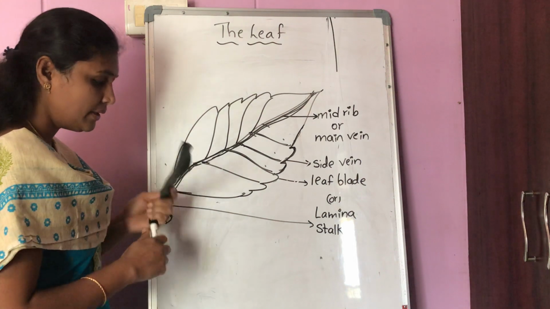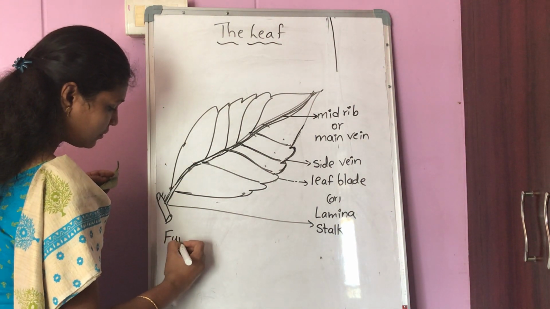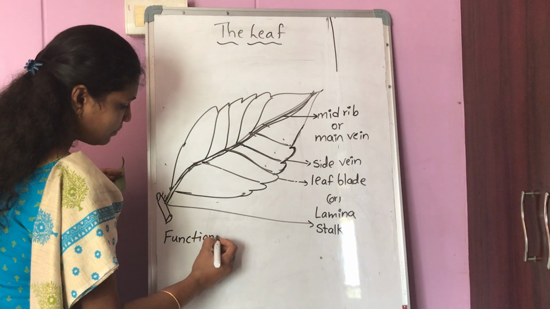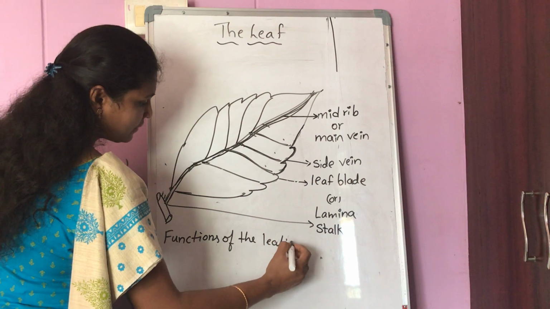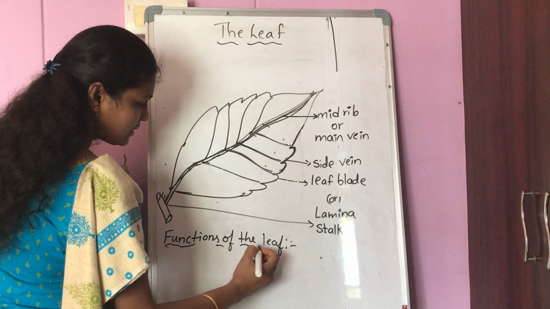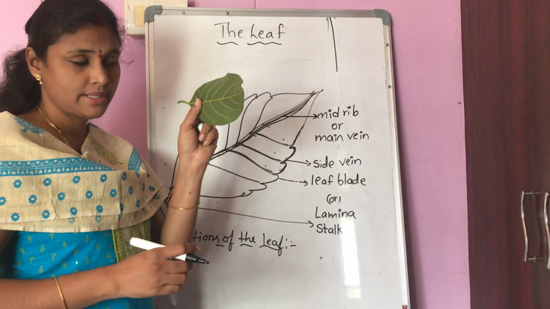Now we will be learning about the functions of the leaf. We said that the leaf is the main part. It prepares food for the plant, right?